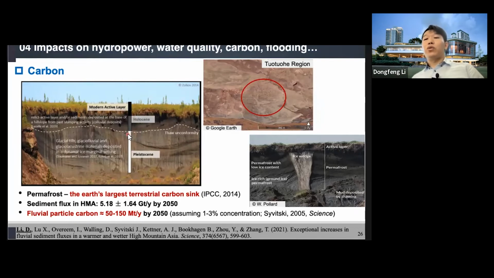Due to the rapid and amplified climate change, it can be released into the river systems together with the sediment in just a few decades. Our study estimates that under the extreme climate change scenario, by the middle of this century, the fluvial particulate carbon in the region can be 50 to 150 million tons per year.